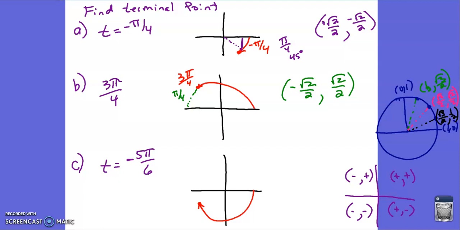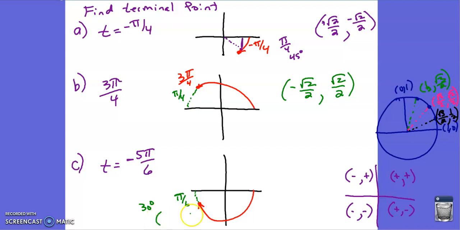And again, negative 5 pi over 6. The reference number is pi over 6, which if you convert to degrees is a 30-degree angle, which means we're going to use the black angle here, square root of 3 over 2, 1/2. And notice it's also in the third quadrant, which means both things are negative.